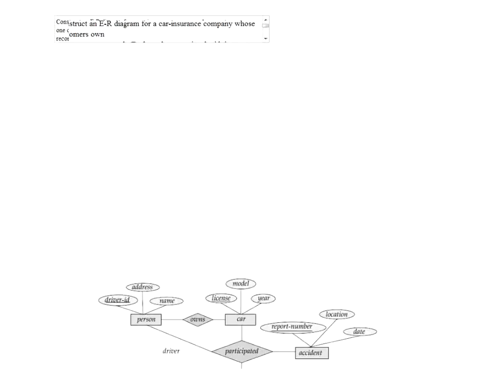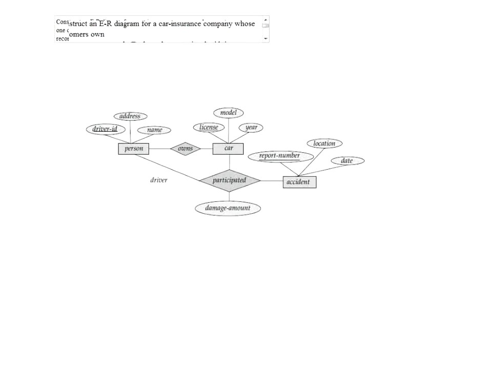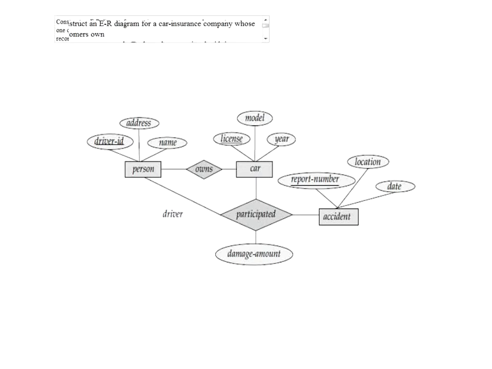Now let me tell you its solution. So this is the solution, and as you can see here, there is a different notation being used over here for the ER diagram.